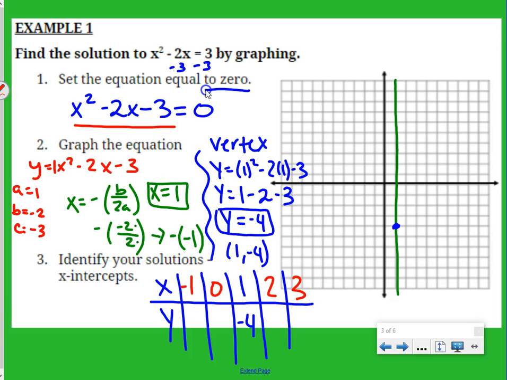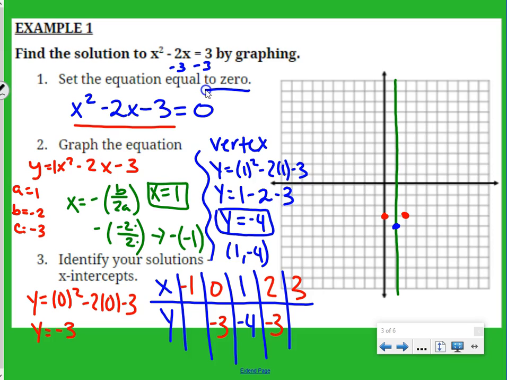And let's see what we get when we put those solutions in. We put 0 into our equation. We would get y equals 0 squared minus 2 times 0 minus 3, which leaves us with y equals negative 3. So we can graph those points.